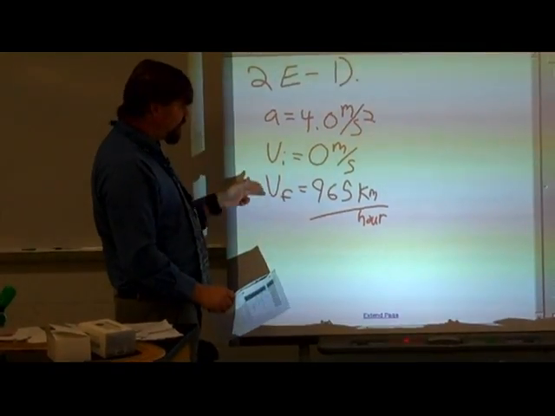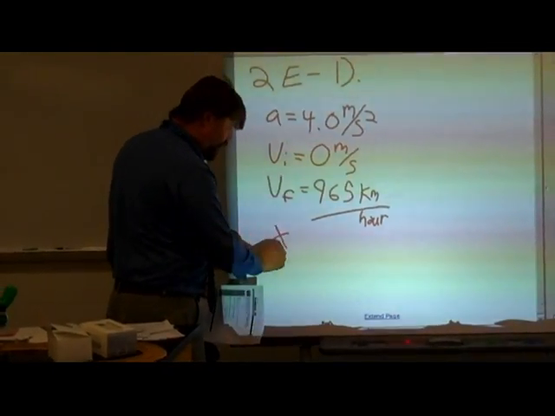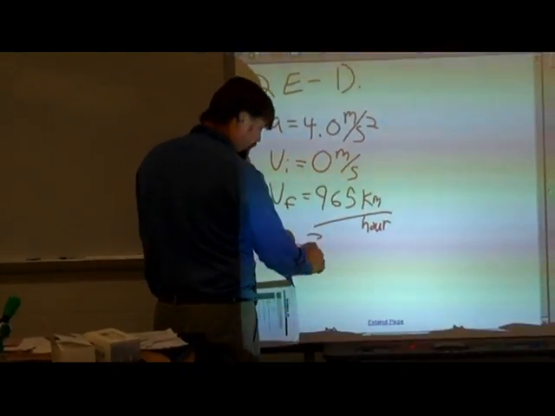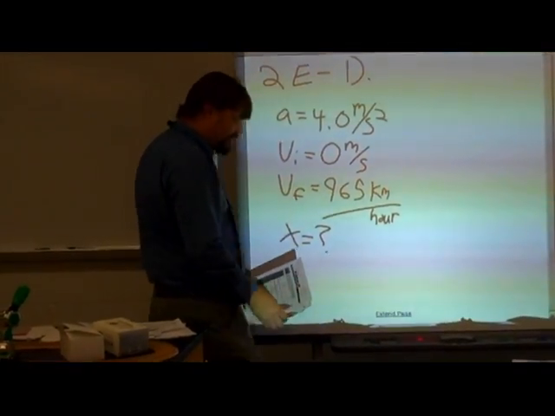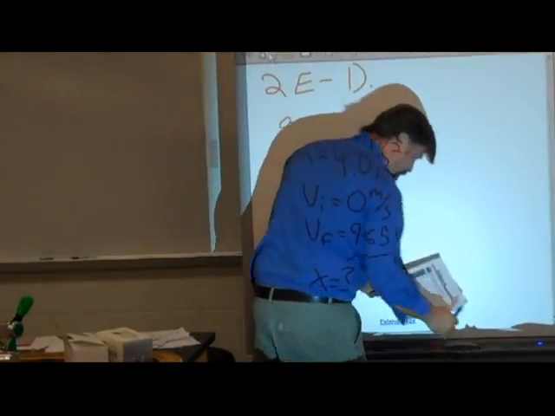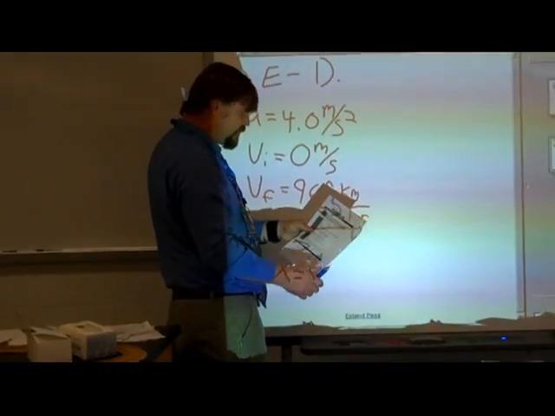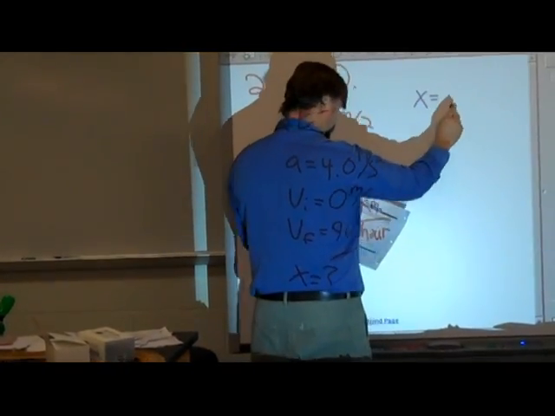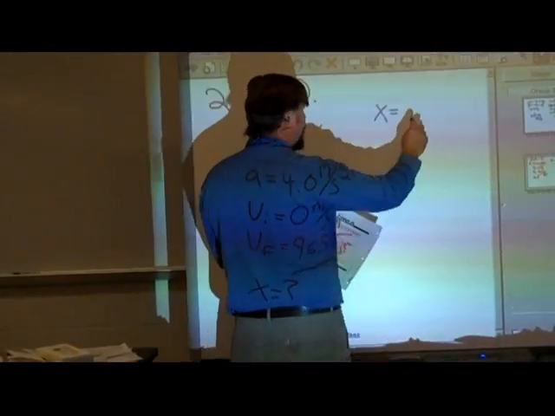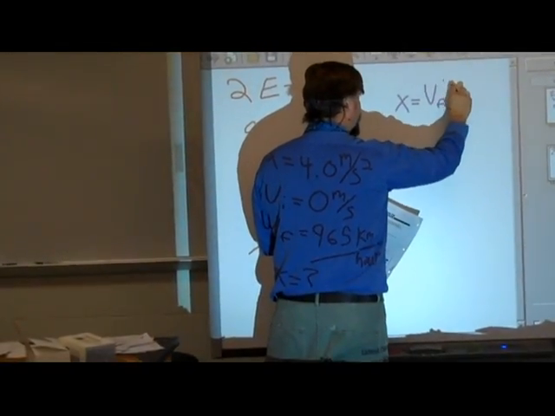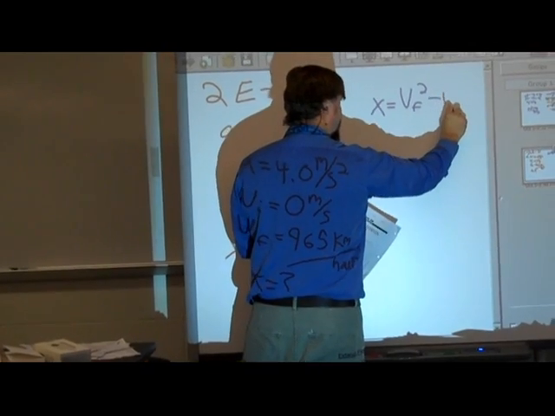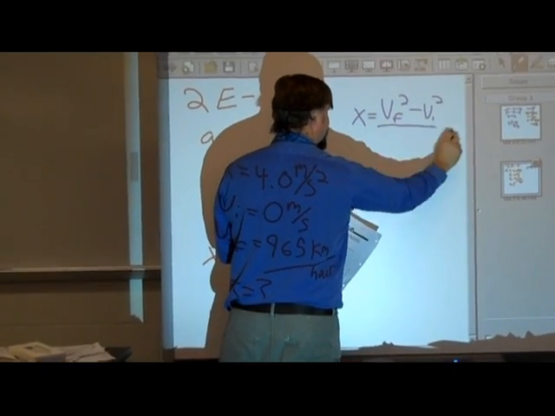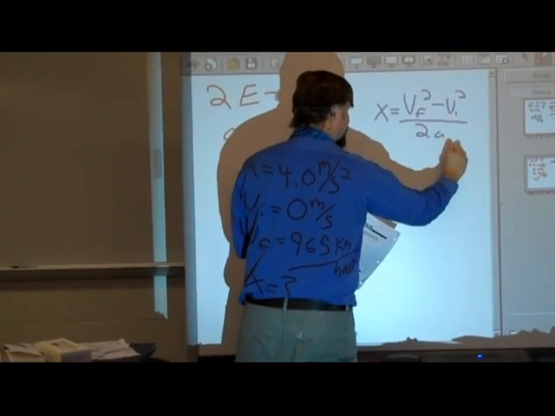All right, so these are the 3 variables. We're looking for our horizontal displacement, which is x. And the equation that's given to us in our problem sheets is that x equals our final velocity squared minus our initial velocity squared divided by 2 times the acceleration.